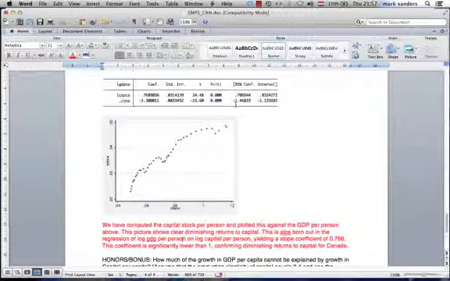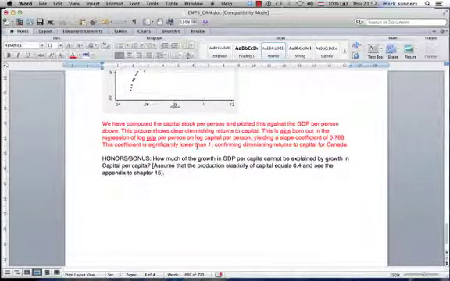What that means is that your country has experienced relatively strong technical change, improvements in the production function over time, such that the same level of capital generates higher GDP. But in Canada, that is not a very strong effect.